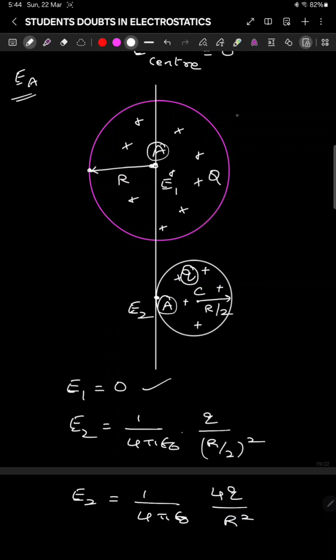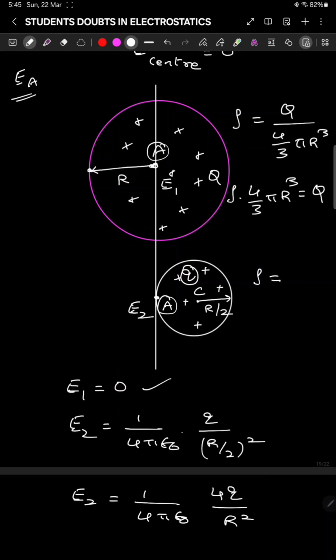Let us use density concept. Density equals total charge Q by volume formula 4 by 3 pi R cube. From this, we can find capital Q value: rho into 4 by 3 pi R cube. Similarly, use density concept here also.